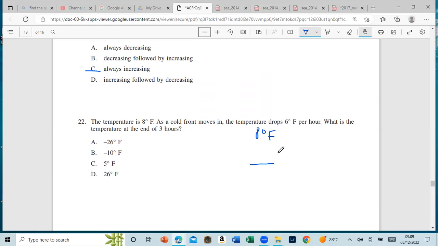So the first hour, that gives 2. Second hour, negative 4. And then the third hour, negative 10. So 22 could be B.